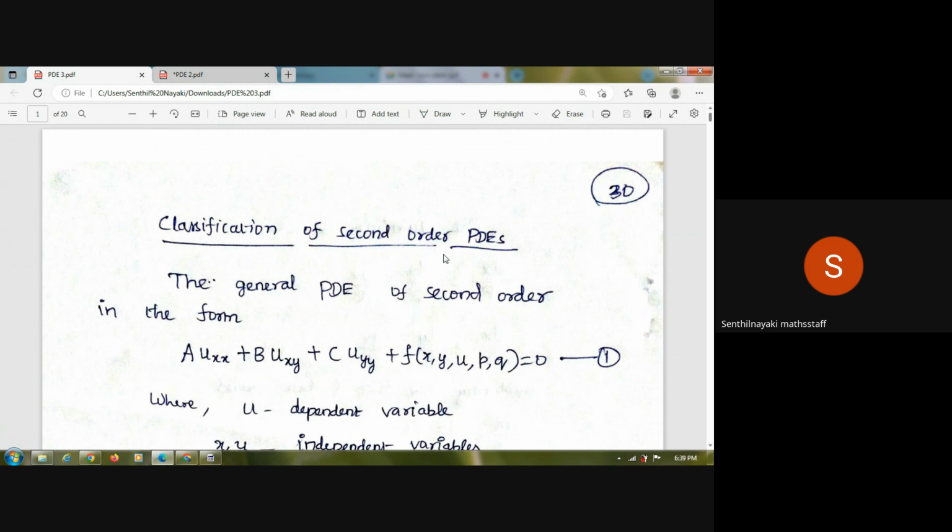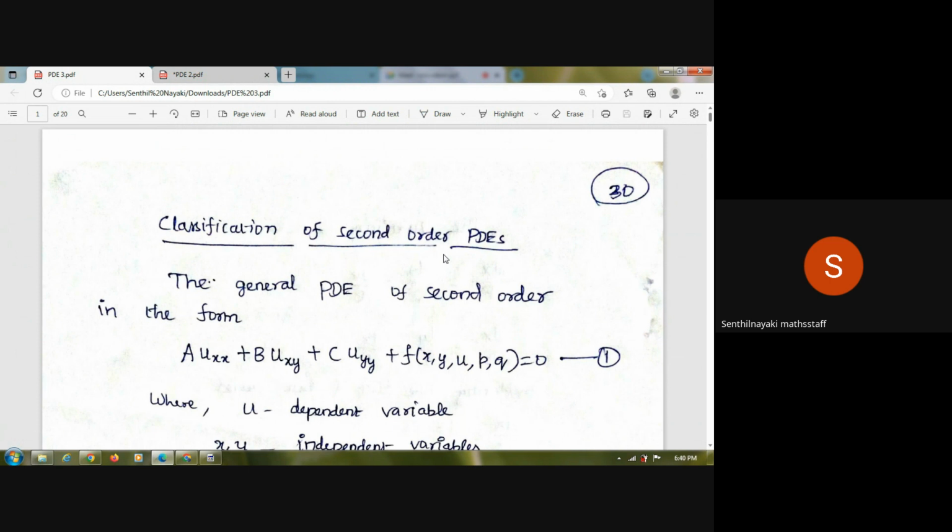These are all first order PDE, so keep this in your mind. So far we have discussed only the solution procedure of first order partial differential equations. Now we are going to discuss second order and higher order partial differential equations.